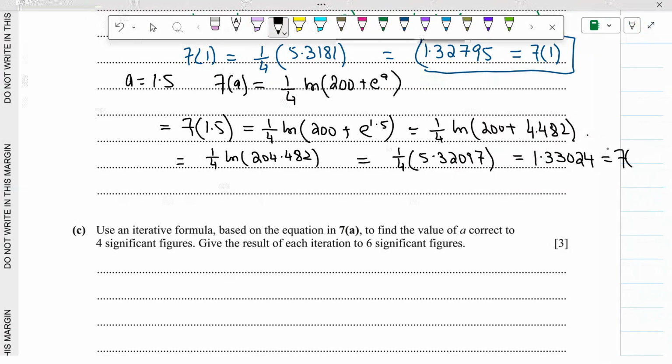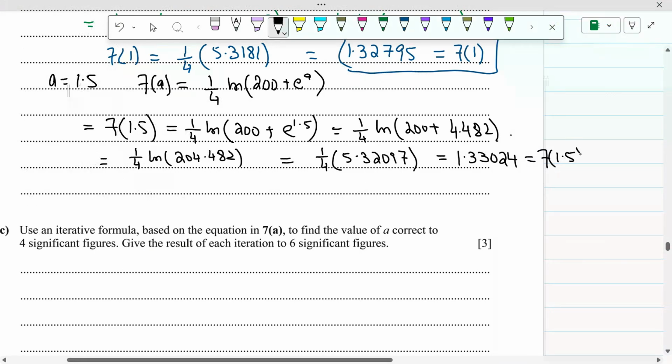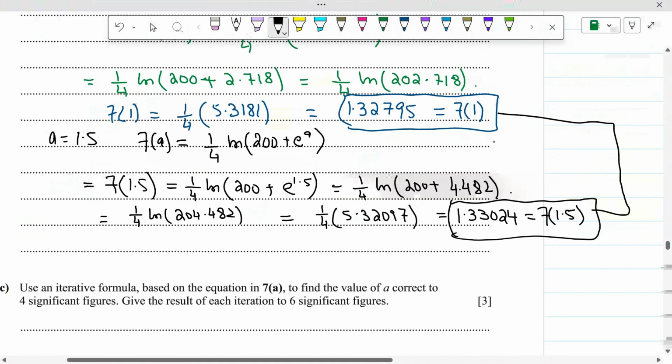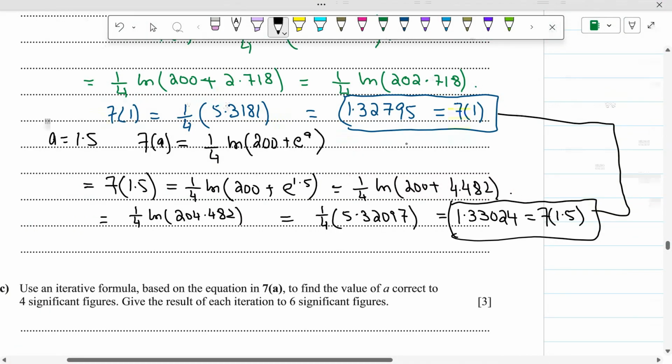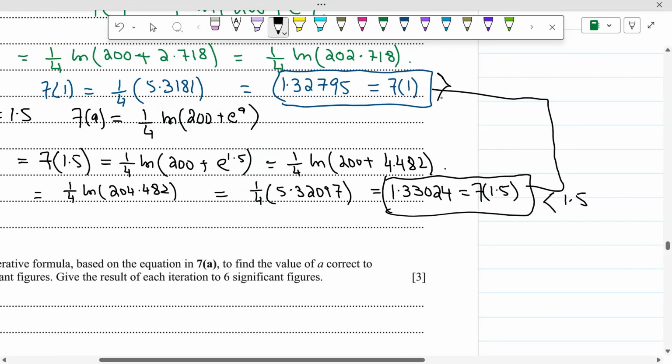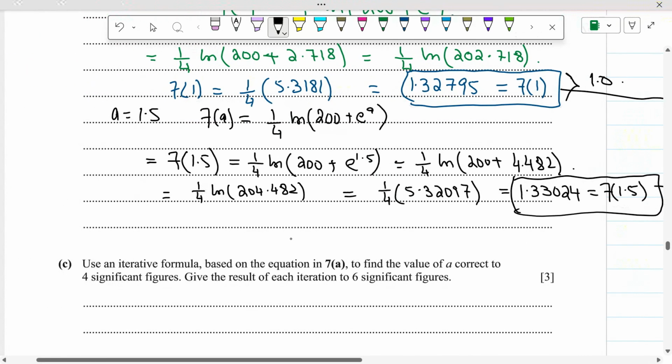This is f of 1.5. So you can see that f of 1 and f of 1.5 are 1.32 and 1.33. This is less than 1.5 and greater than 1.0. So we can say that a should be less than 1.5 and greater than 1.0.